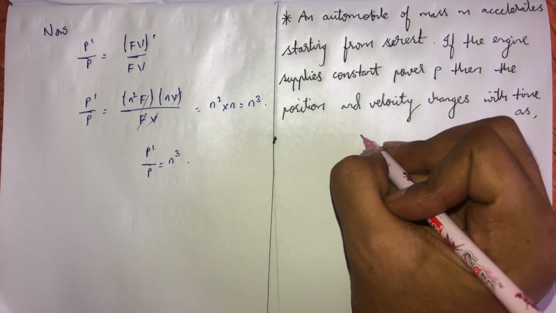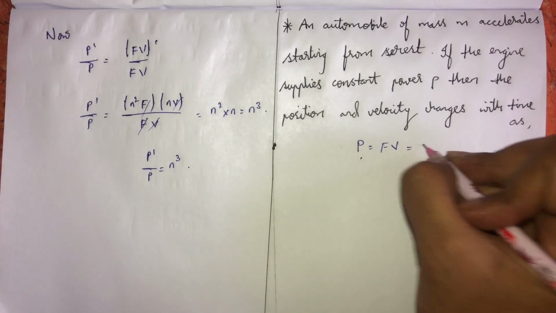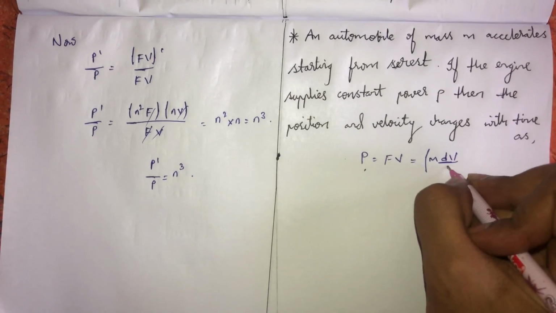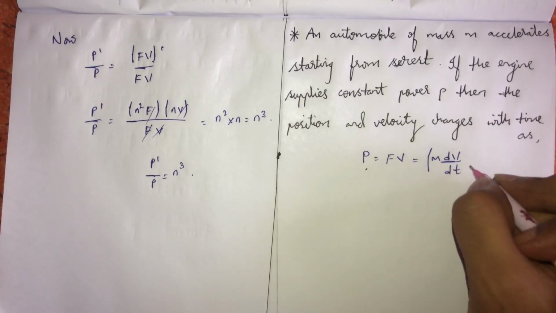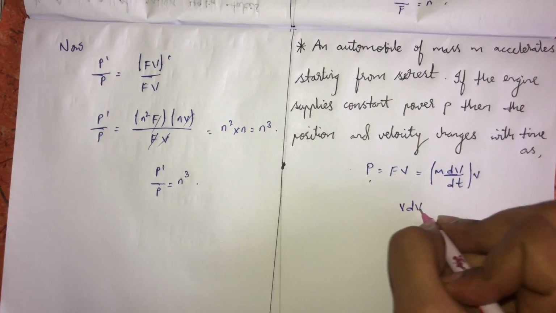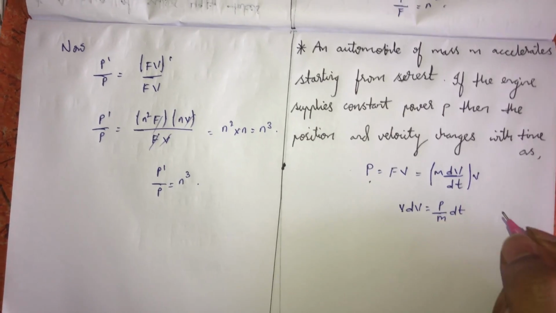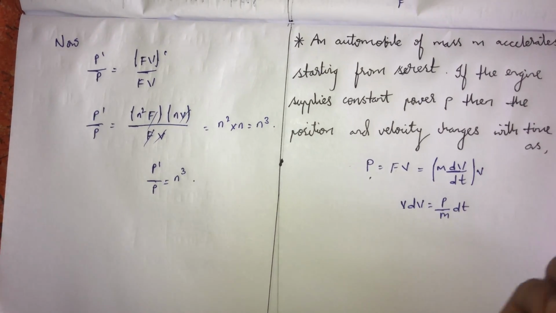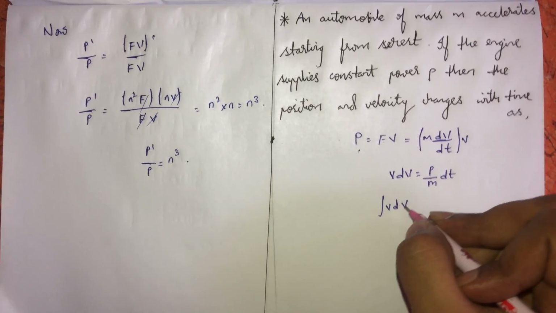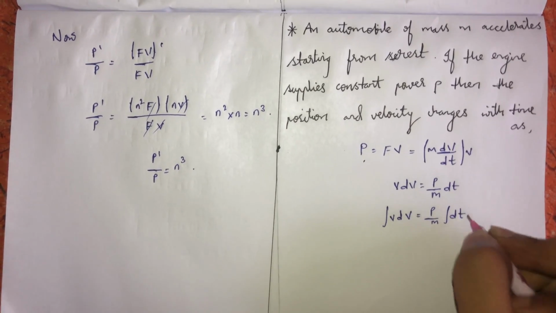Power is a constant, so P is equal to F into V, where force will be equal to mass into rate of change of velocity by rate of change of time, into V. So V dV is equal to P by m dt. Now integrating on both sides, we get V dV equals P by m integral of dt.